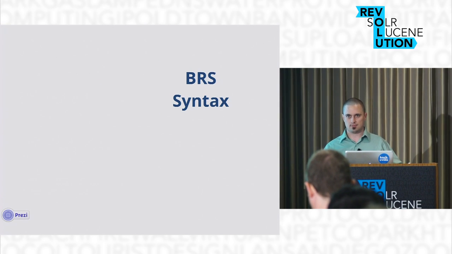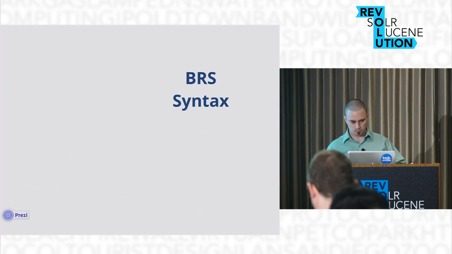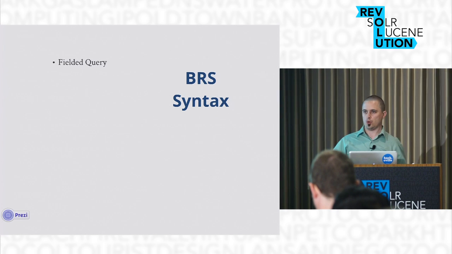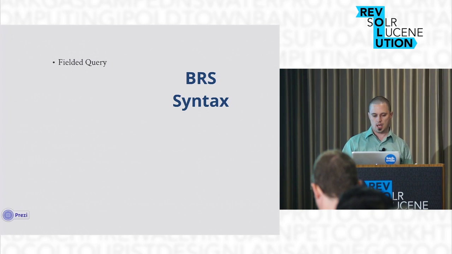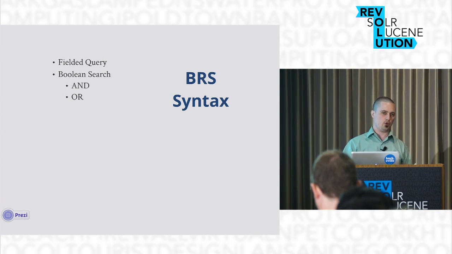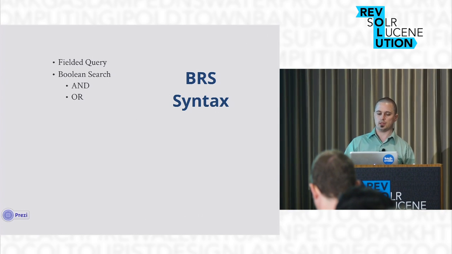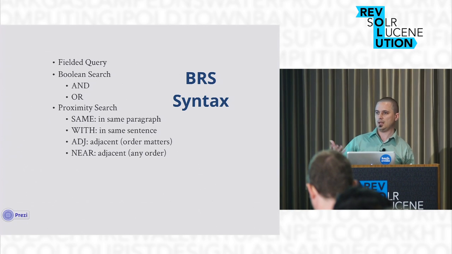So now, since we know that we're stuck with it, what is the BRS syntax? What is it like? You can do fielded queries. So I can look for something in the claims field, the description field, etc. It is Boolean search in the sense that you're used to. But importantly, they also add a very rich set of proximity operators.